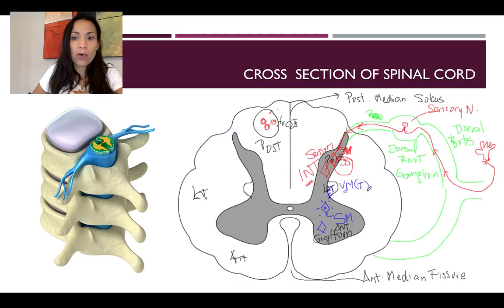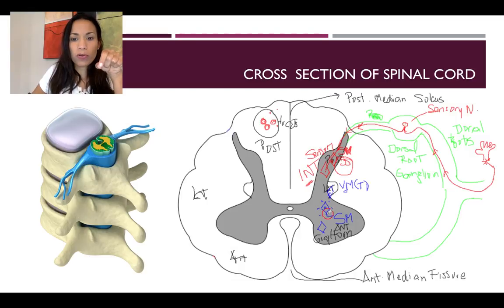Okay? Now, let's say that I'm going to innervate a muscle located on the hand as well, a skeletal muscle, it is going to follow a somatic motor neuron. Okay?